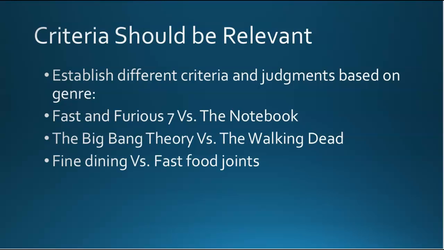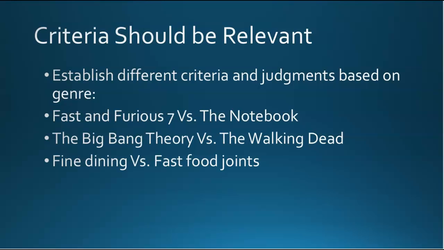But criteria should be so relevant, so specific, that even if you are looking at something in maybe the same category, you still have to be able to break it down and be so specific that your reader understands what the standards are to such a degree that it is clear and they won't be lost. So what I mean by that is this.